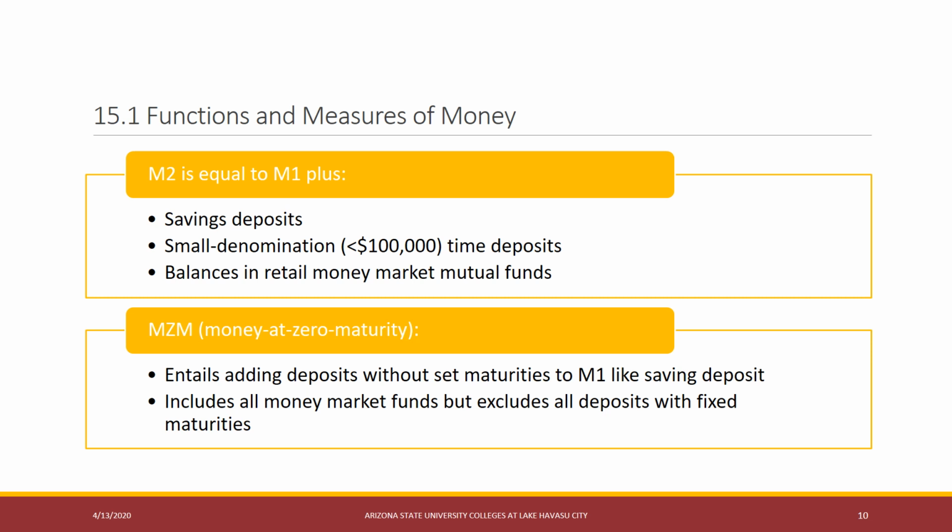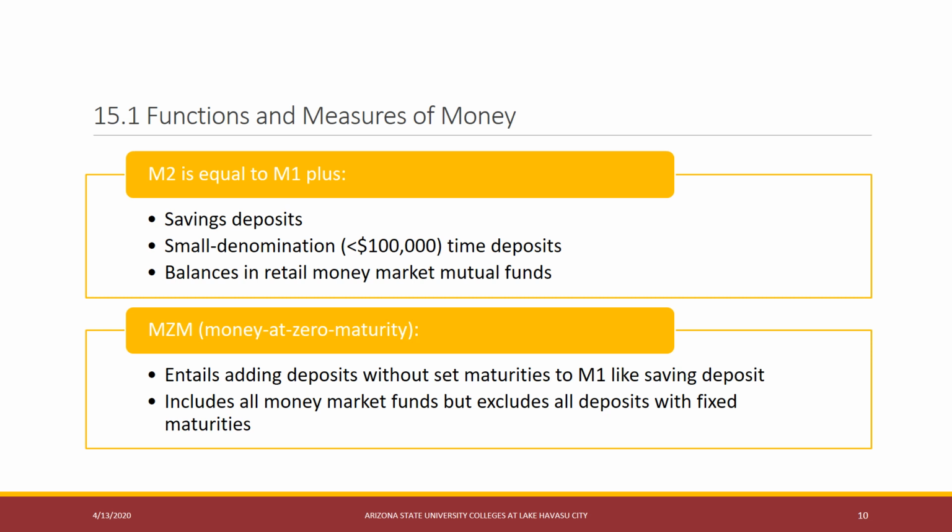So the components of the money include the savings deposits, that is the total savings deposits, deposits with no set maturity, and they are the largest component of the M2 money supply.